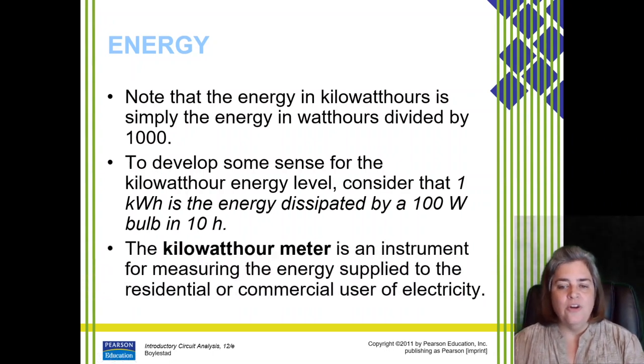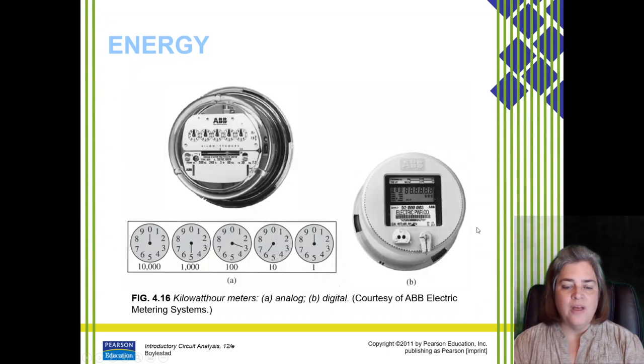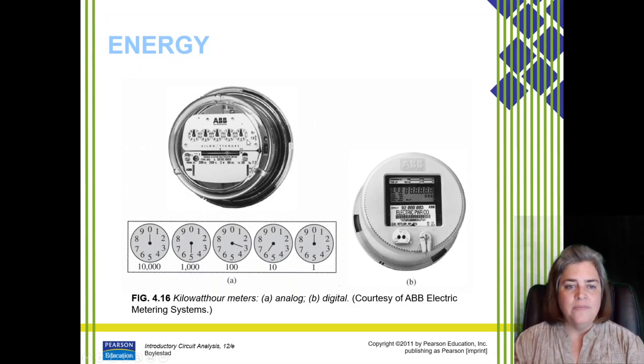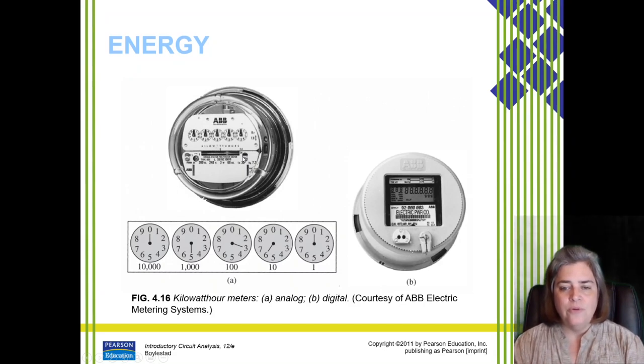The kilowatt hour meter is an instrument used to measure the energy supplied to your home or to your business. And it used to look a little bit like this with the dials, right? I don't know if any of you remember seeing this, but you had a person who would come out to your house every month and actually read this meter, and then the company would compare that to what you had used before, and then they would know how many kilowatt hours you used over the course of the month.